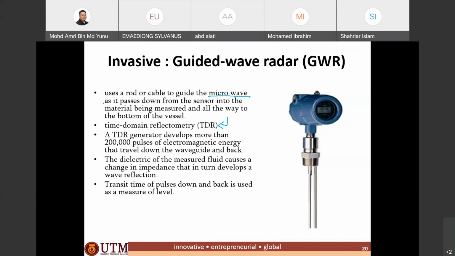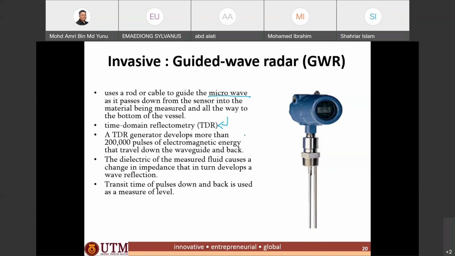So in this case, we use a rod or cable to guide the microwave signal into the material in the tank. Okay, and the height of the material inside the tank is determined based on the time domain reflectometry method.